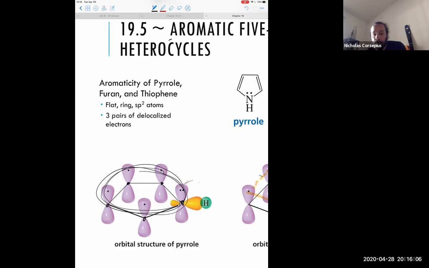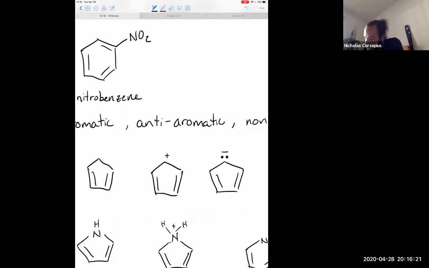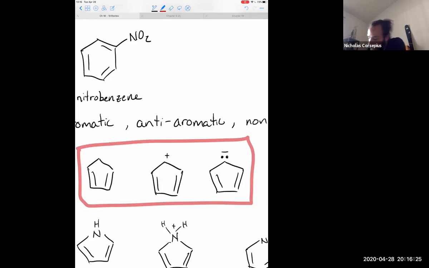Okay. If you don't have those p orbitals available, so for example, if one of these carbons, instead of being sp2 hybridized, was sp3 hybridized, then that would be considered non-aromatic. So if we look here, one of these three in this red box is non-aromatic. Which one's that going to be? The one on the far left? Yeah, why is that?